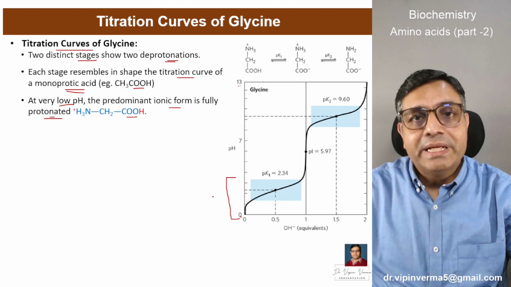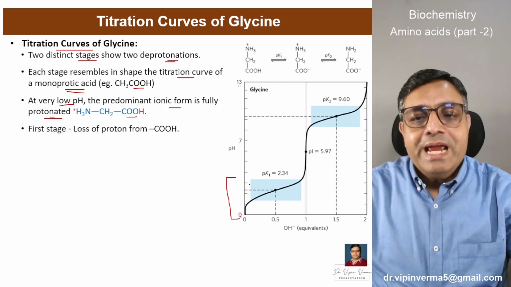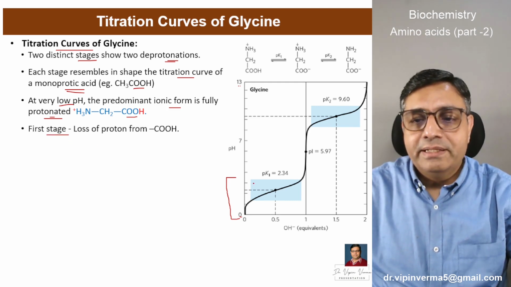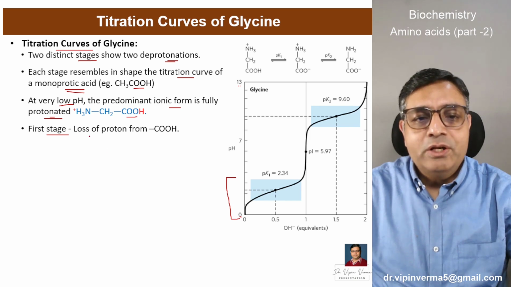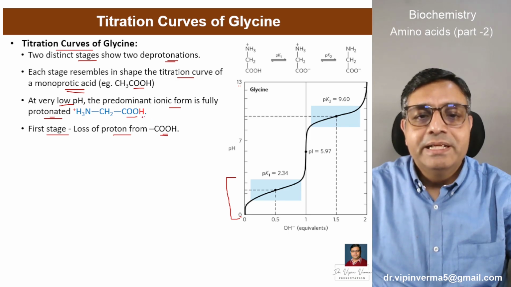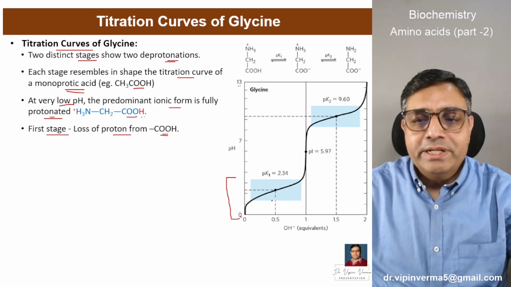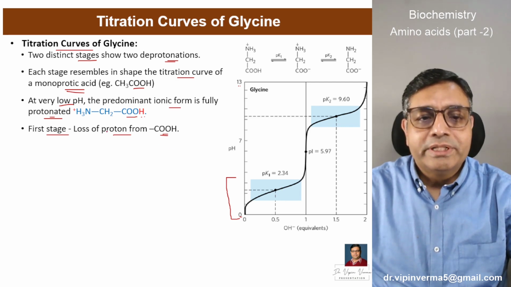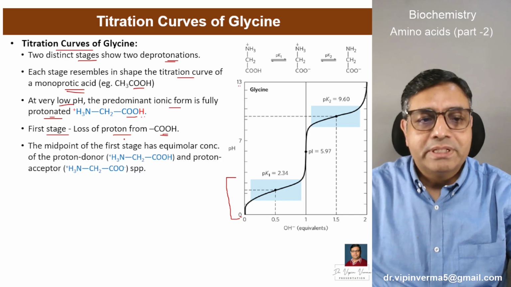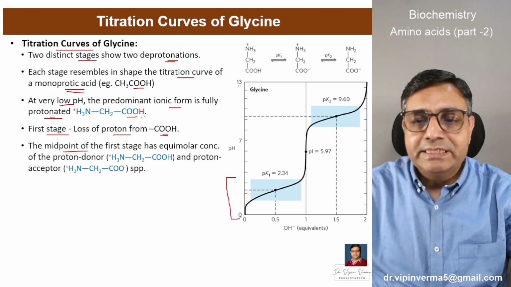This is the form which you will find at low pH. Now at the first stage, here in the first box, there is a loss of the proton from the carboxylic group. You will see this H, which you can see here, will be lost. The midpoint of the first stage is where my red dot is right now.